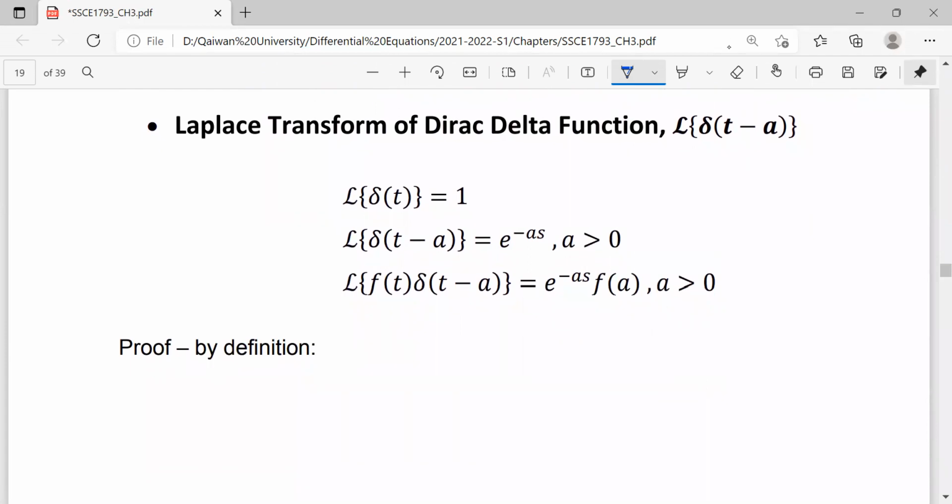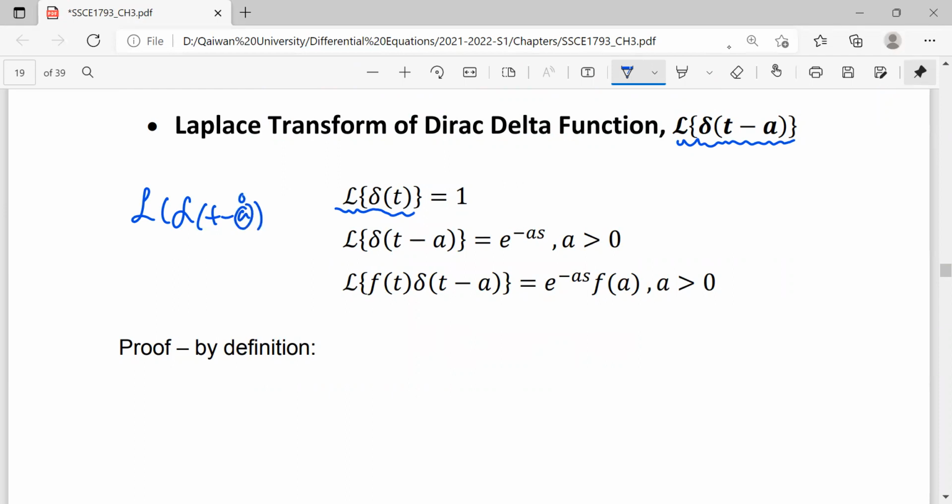Now we have the Laplace transform of the Dirac-Delta function. We say the Laplace transform of delta of t, here a is 0. We have the Laplace transform of the Dirac-Delta function of t minus a, and a here is 0.